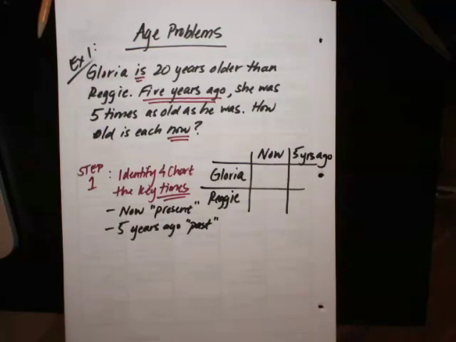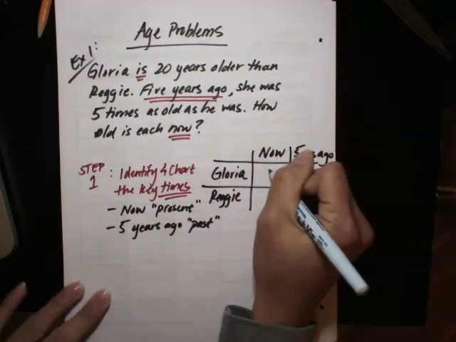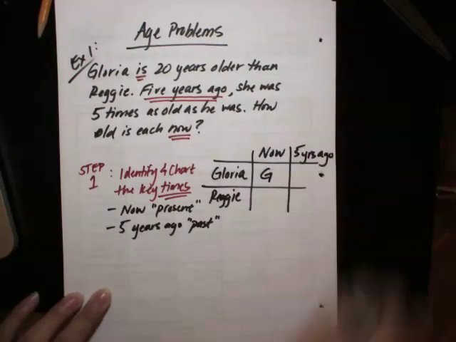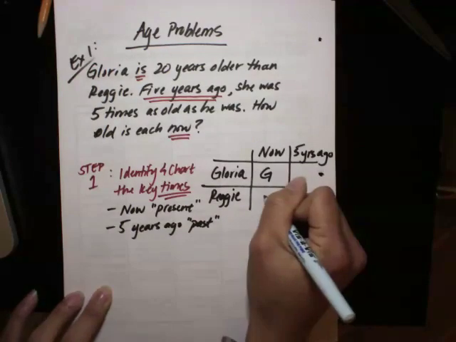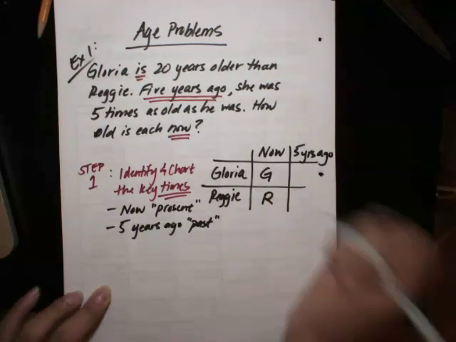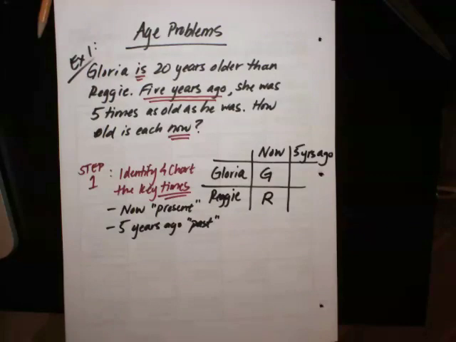Well, now we don't know how old each of these people are. I don't know how old Gloria is. I'm just going to make her age G. And I don't know how old Reggie is. I'm going to make his age R. But I do know, for instance, if you're 13, 5 years ago, how old were you?